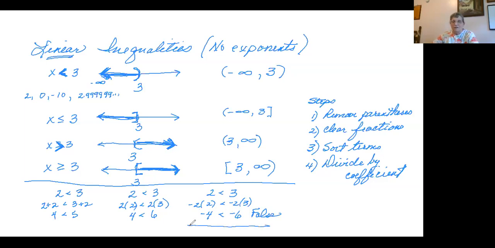Because as you can see, whereas 4 is to the left of 6, so this is true, negative 4 is to the right of negative 6. Therefore, negative 4 is the larger number.